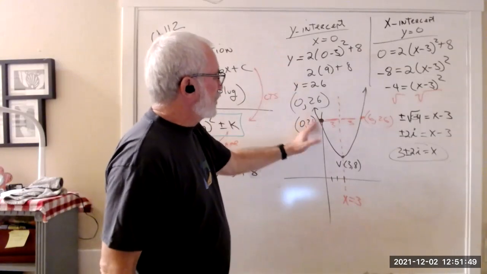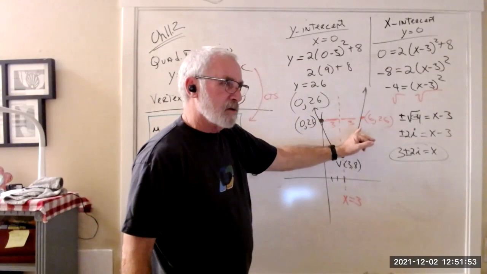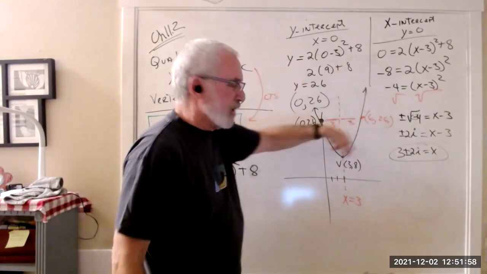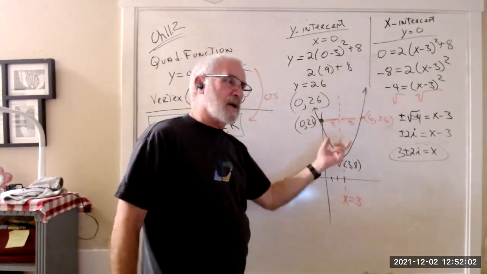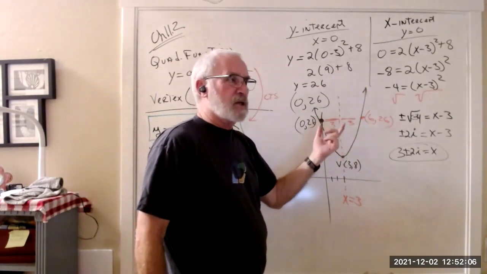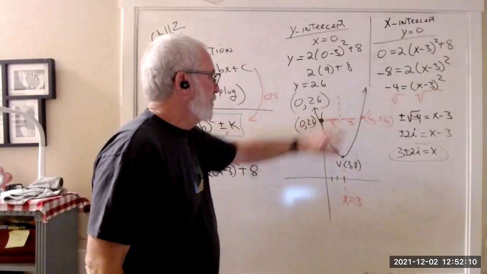Okay, 0.26. I reflected it over the axis of symmetry. Over here, got this other answer. There's a pretty accurate graph. If I had graph paper and little dots, that would be more accurate, or at least as accurate as anybody with a calculator could give you. Okay, so there's my graph.